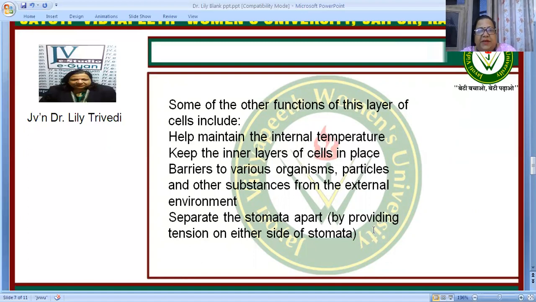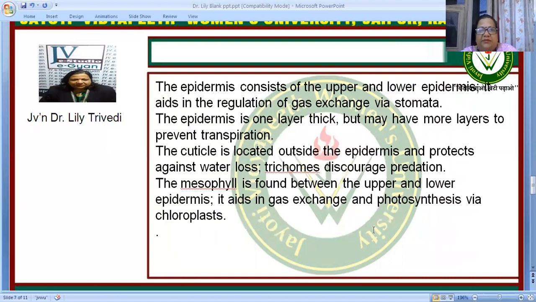It helps in the opening and closing of stomata. The presence of stomata in the epidermis is the major for the regulation of gas exchange. This stomata is responsible for the gaseous exchange and is present in the epidermis.